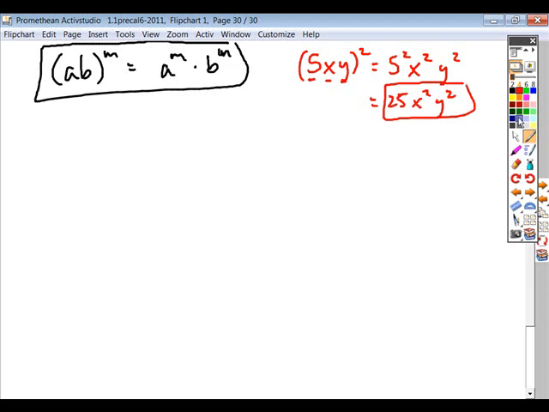Okay, the same holds true for a quotient. If you apply a power to a quotient, that power is going to apply to all factors of the numerator and all factors of the denominator.